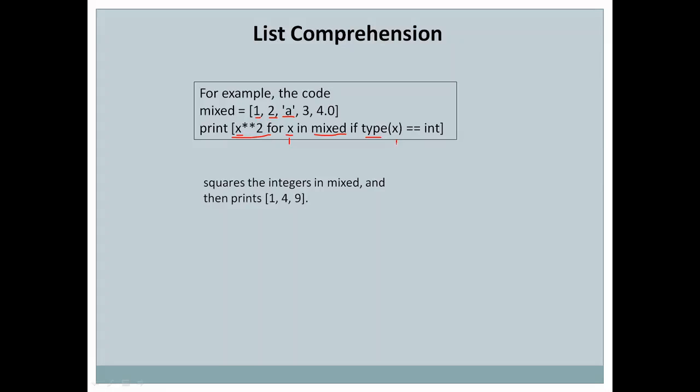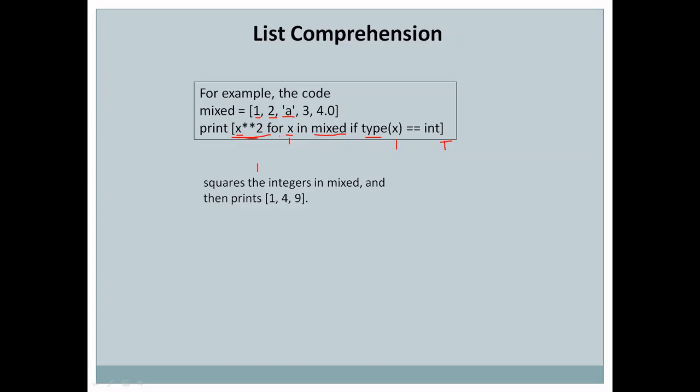Type of 1 is integer, because 1 is an integer, and this condition type of x is equals to int is true. When it is true, the value of x is used in the expression where we apply x raised to 2, and 1 raised to 2 will be 1.